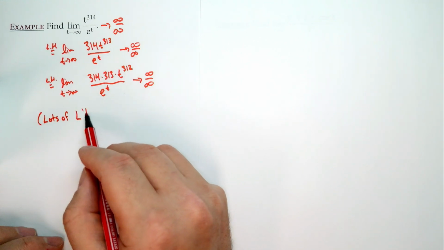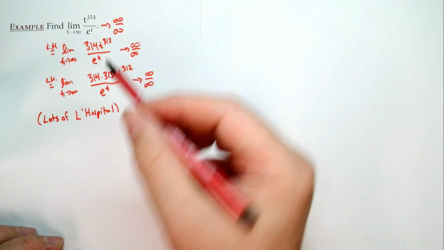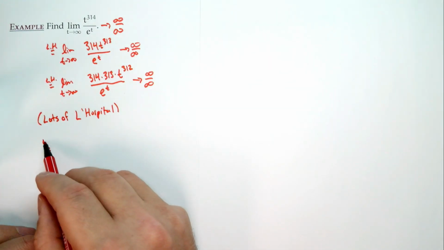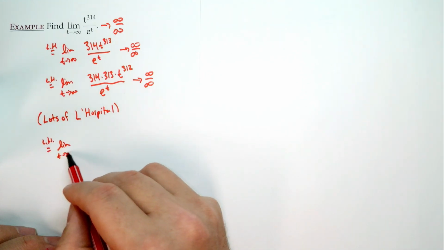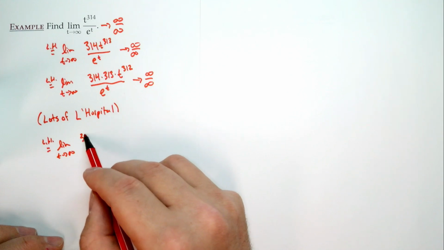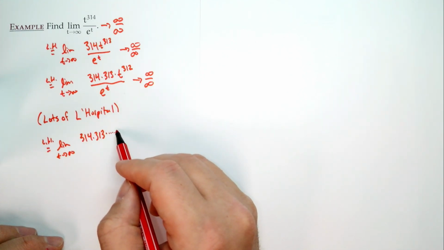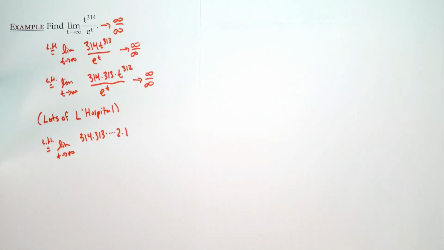So we're going to say, after many steps, well, how many? Well, if we take 314 derivatives on the top, what we'll get is eventually the following. Limit as t goes to infinity of 314 times 313 times all the way down to 2 times 1, but now the t is no longer there.